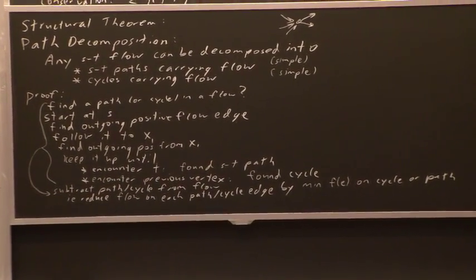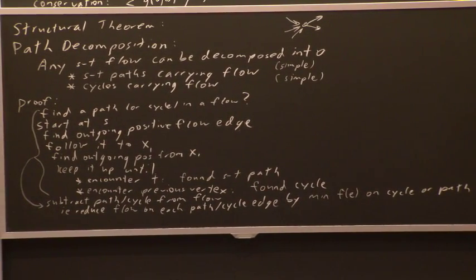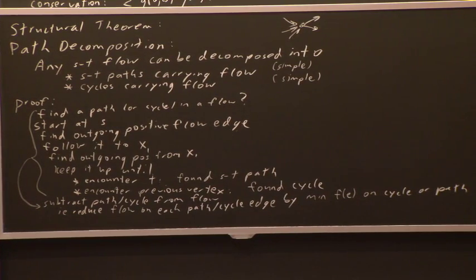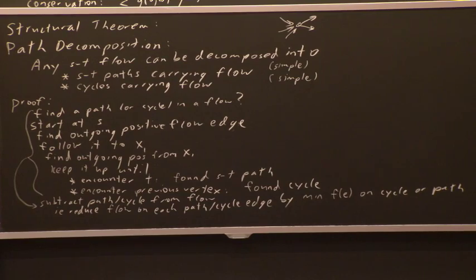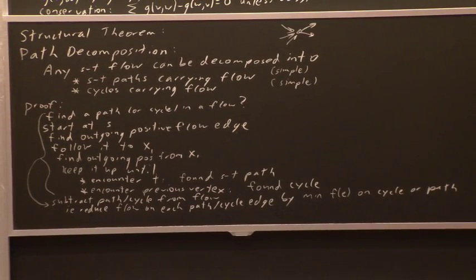Now, we have to make an important claim about that if we want to continue with our induction. If we reduce the flow on each edge of the path by this amount, what is still true of our flow? It's still a flow.